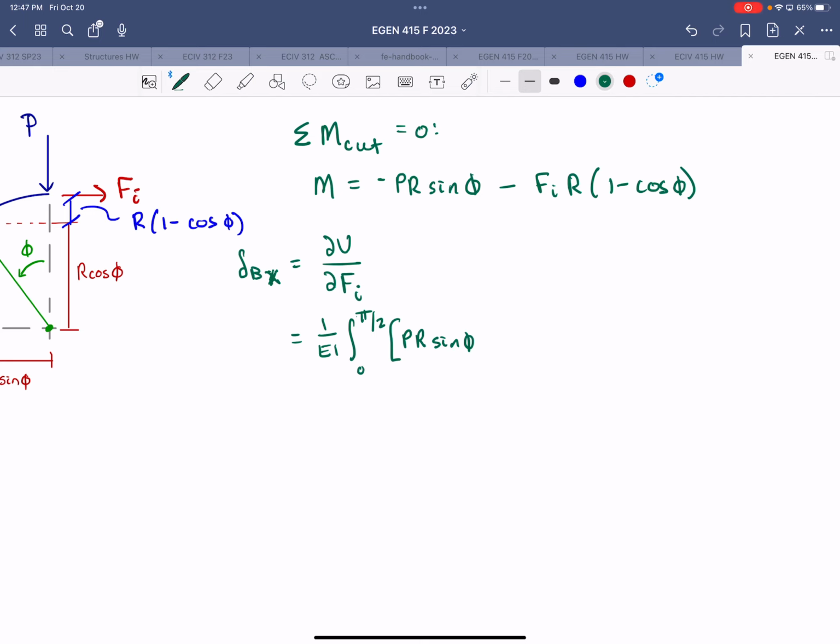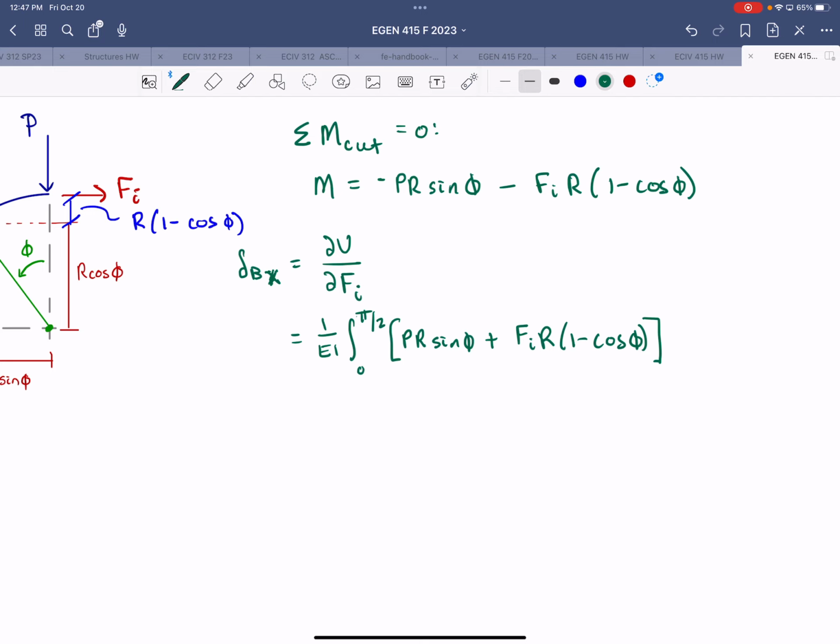I am preemptively getting rid of the negative sign because it will cancel out once we incorporate the partial derivative. So PR sine phi plus Fi times r times 1 minus cosine phi.